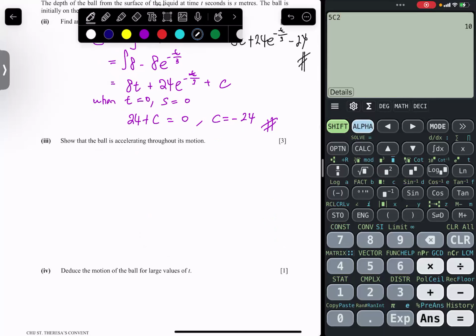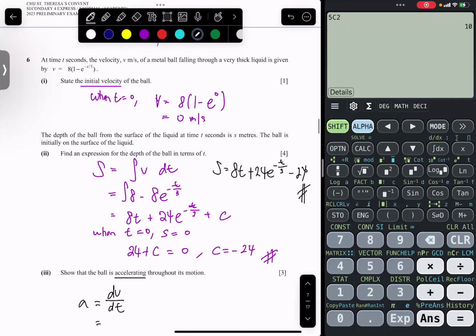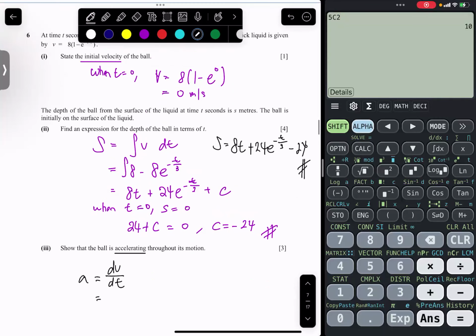Acceleration first, right? So a equals dv/dt, which equals positive 1/3 e to the power of negative t over 3.